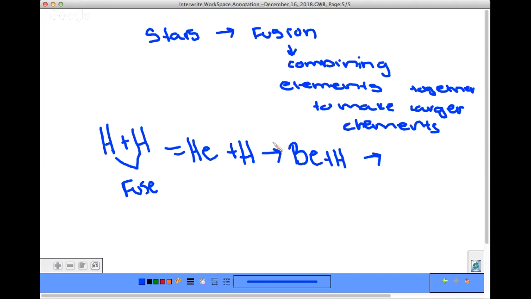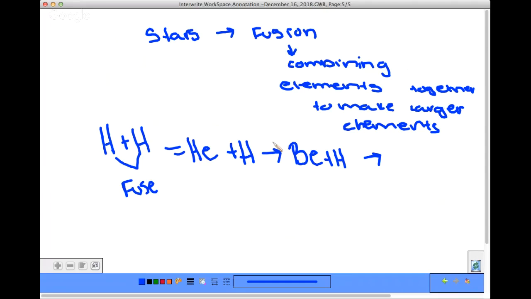Inside a star, to begin with, there's only hydrogen. Stars will continue to fuse these elements together until they get to iron. Really, iron is about the cutoff point where stars will fuse. After that, there's another process that we didn't talk about, and you guys don't need to know, to create other elements.